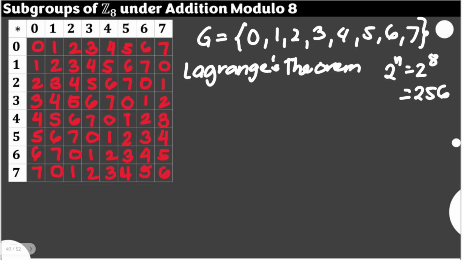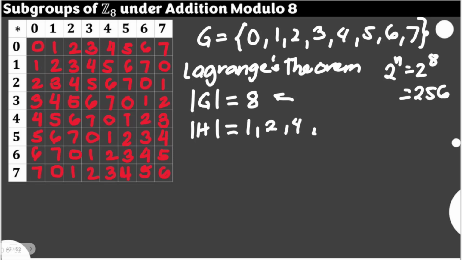The Lagrange theorem tells us that the order of our given group, in this case 8, where order means cardinality, and the order of the subgroups, represented by H, must be a divisor, an integral divisor or factor, of the order of the set, 8. The factors here are actually 1, 2, 4, and 8.